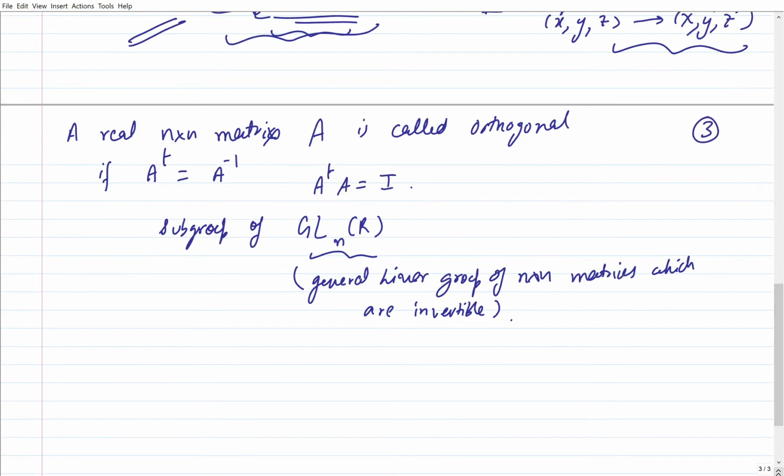By group, I mean they will have an identity element, and they will be closed under the law of composition: the product of two matrices will also lie in that particular group.